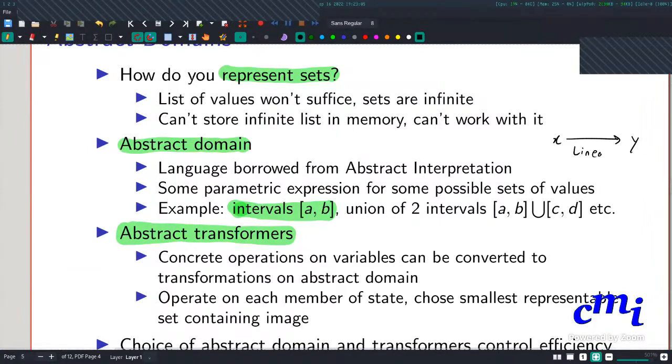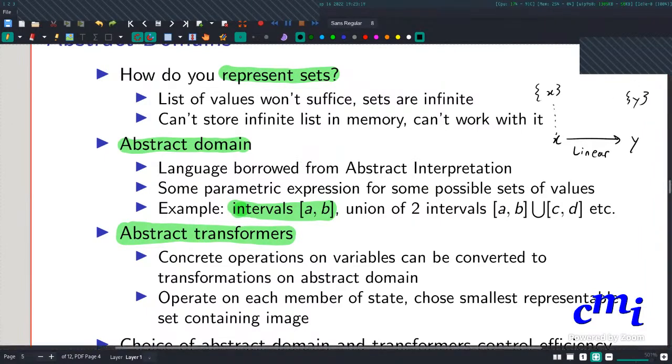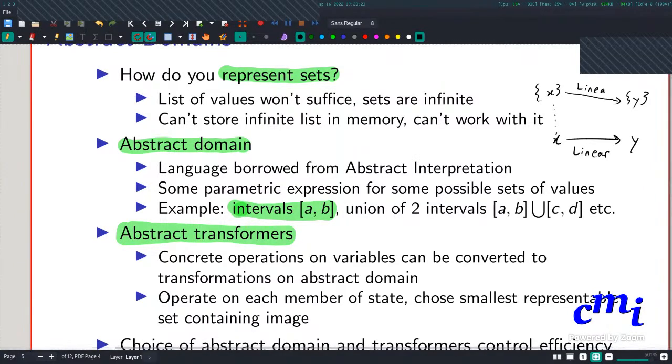But now we're not looking at variables, we're looking at sets of variables. You can also think of this linear layer as being lifted to the space of sets, like you can just take each point here to each point here.